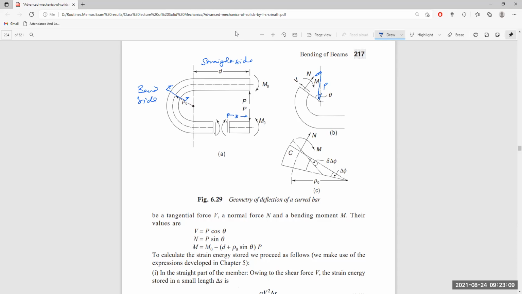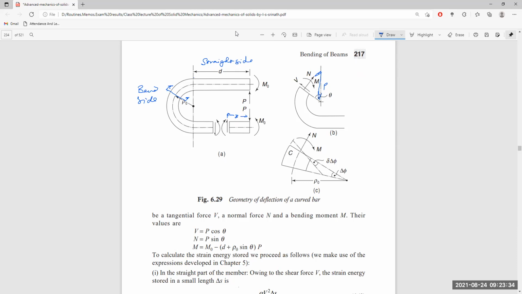And M, the bending moment acting over it, is given by M0, the original bending moment, plus P multiplied by the distance of this particular section, which is equal to d. d is the distance from here to here, and rho 0 is the radius of curvature of our centroidal axis.